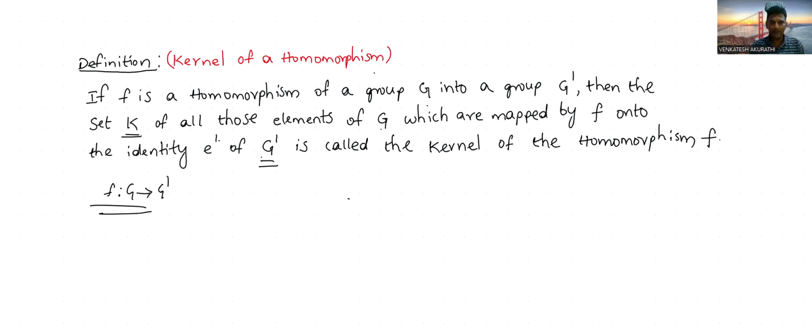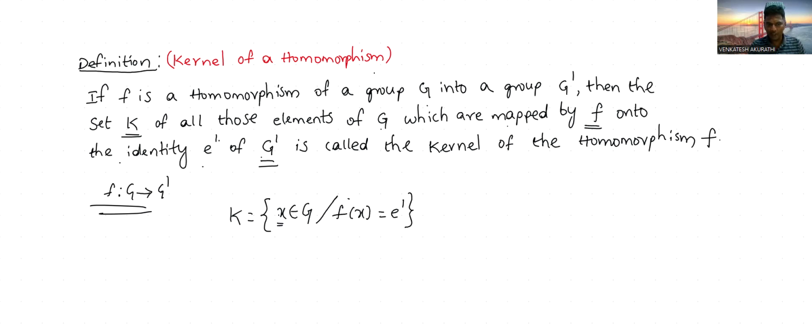Then the set capital K of all those elements of capital G, we can take any element X belonging to capital G, which are mapped by F onto the identity element E dash of G dash, that is, F of X is equal to E dash, is called the kernel of the homomorphism F. So this is the condition for the kernel of a homomorphism.